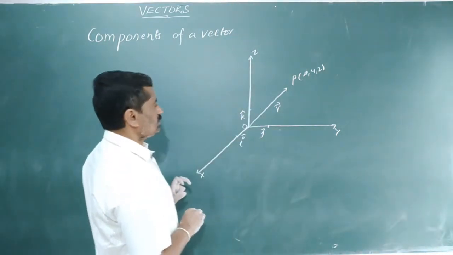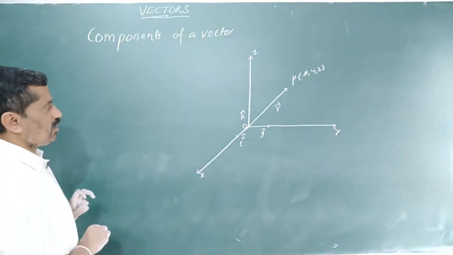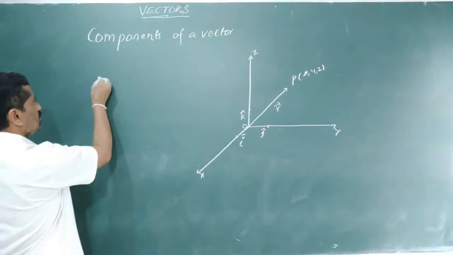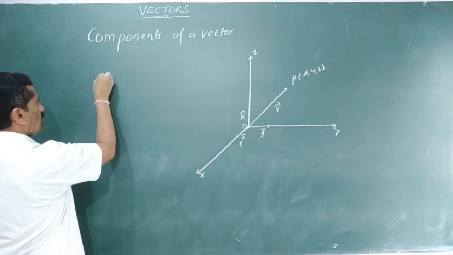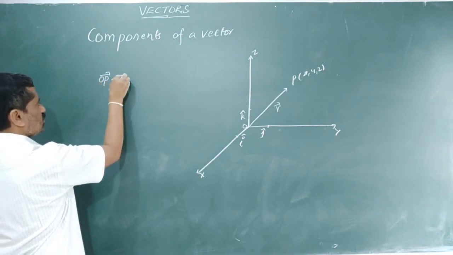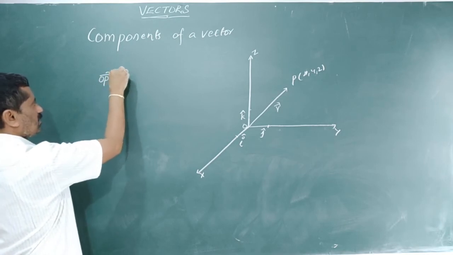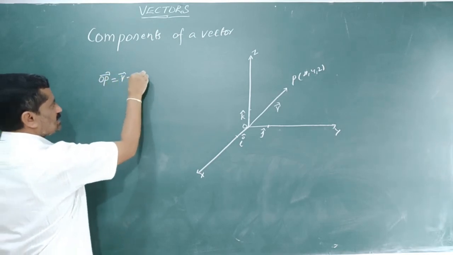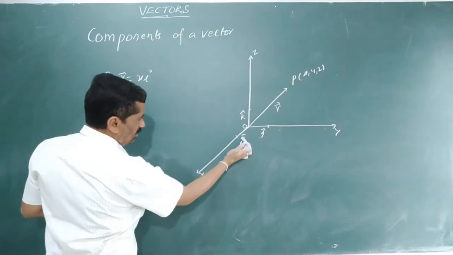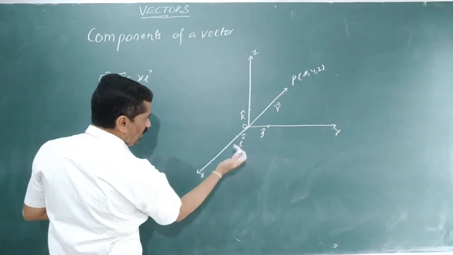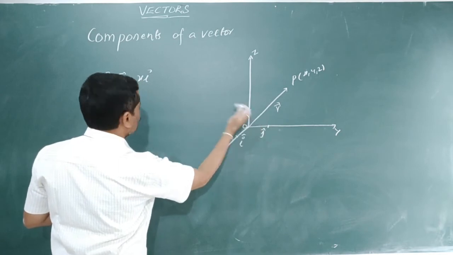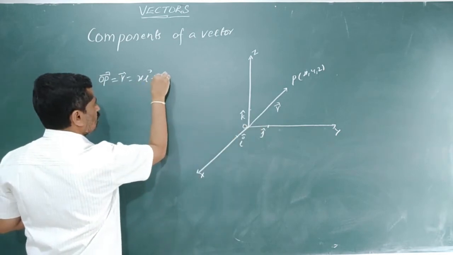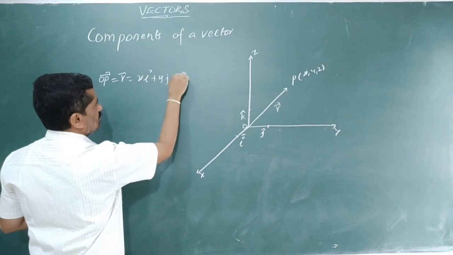Then the position vector of the point P, that is OP bar, r, is equal to x into i plus y into j plus z into k, that is xi plus yj plus zk.